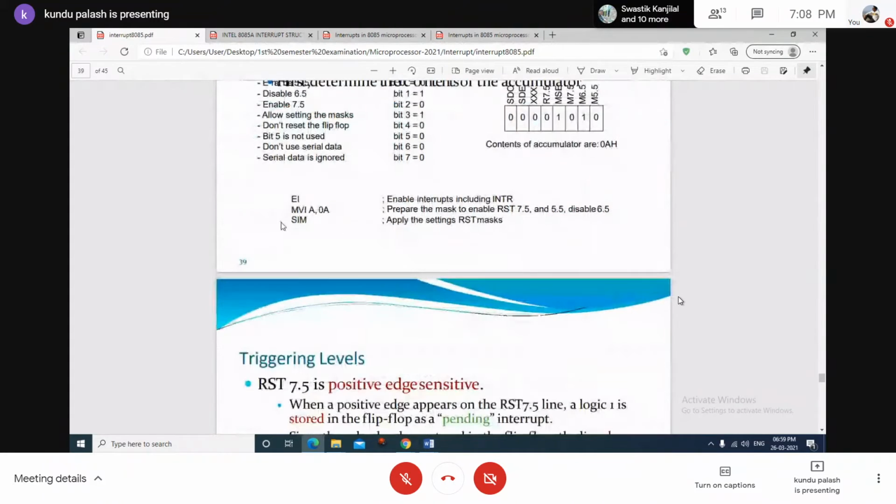And there are so many examples. This is the program code. First, the interrupt system shall be enabled by this EI assembly code.